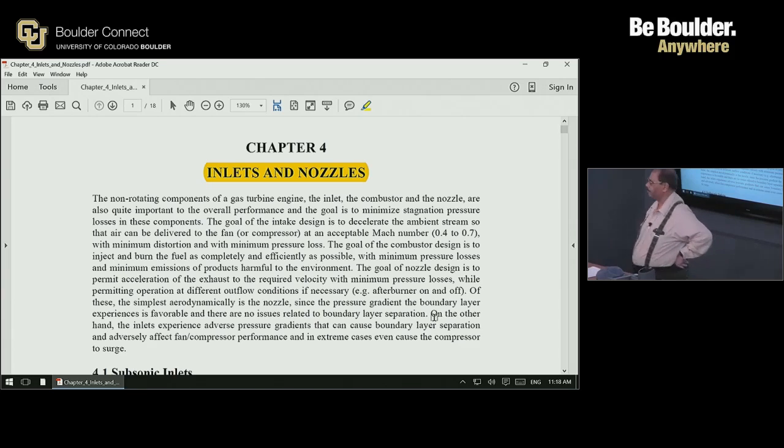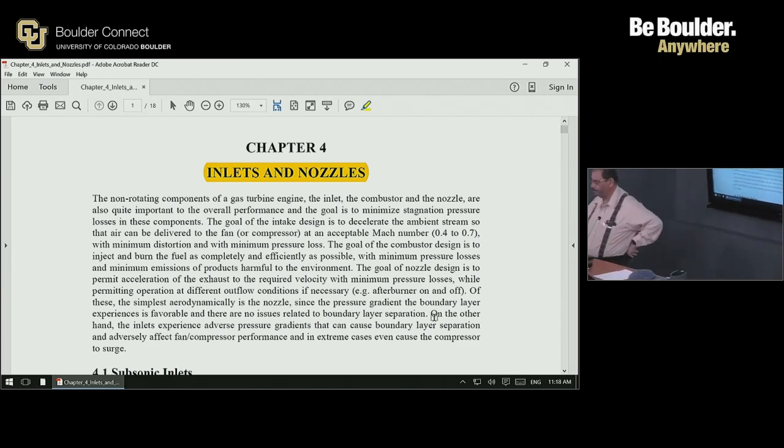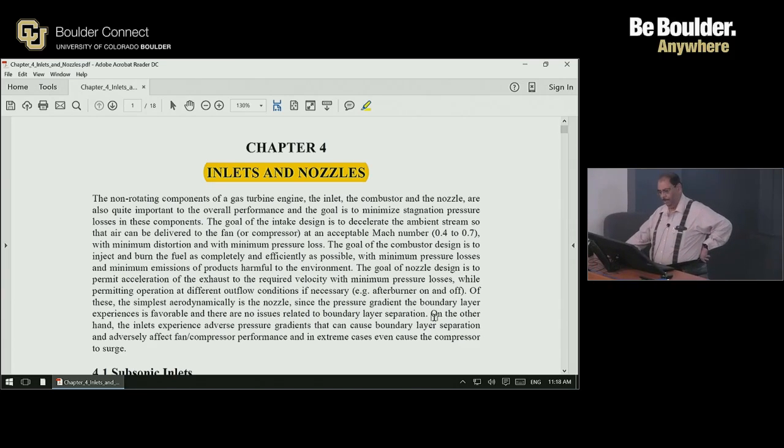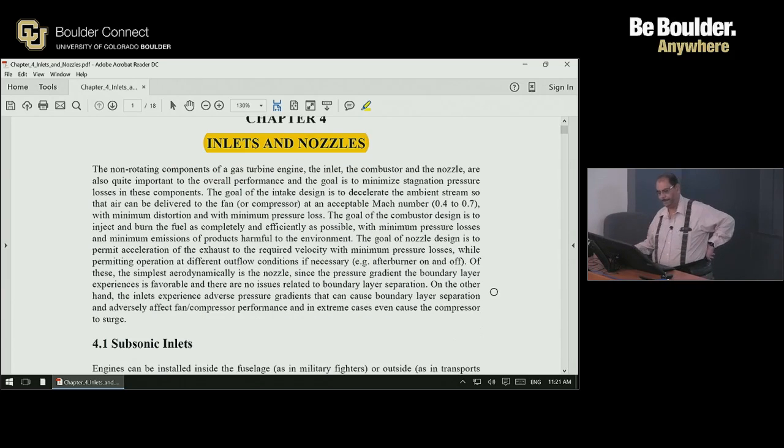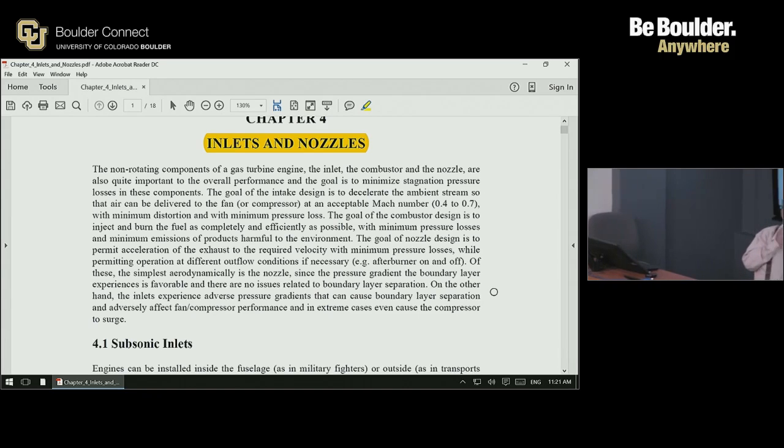Now, nozzles are fairly straightforward to design, especially for civilian aircraft. Military aircraft, of course, have to have convergent-divergent nozzles and some way to change the exit area as well as the throat area.